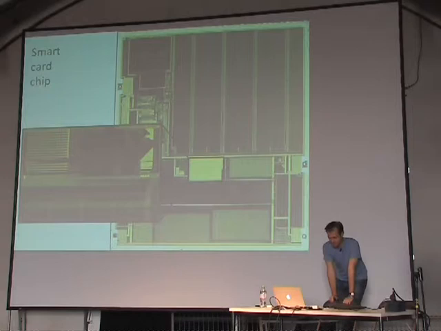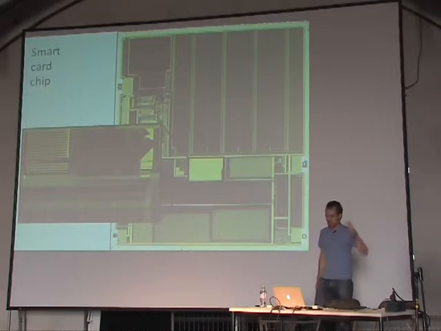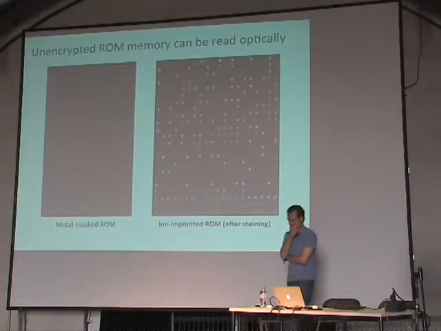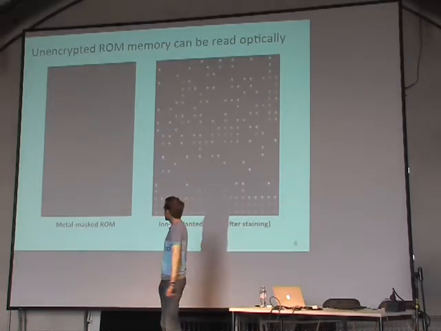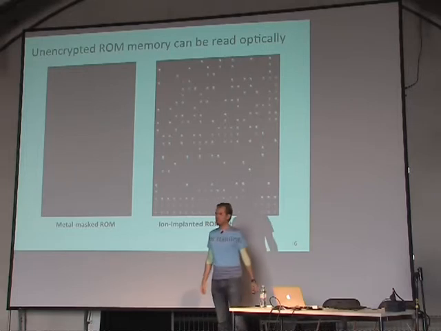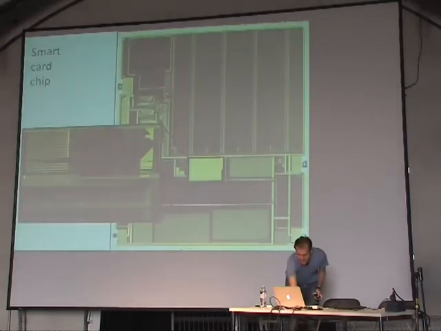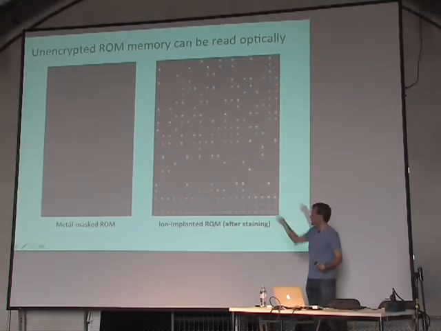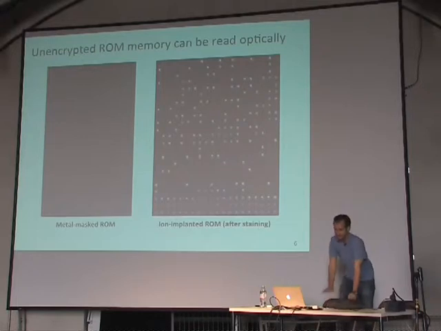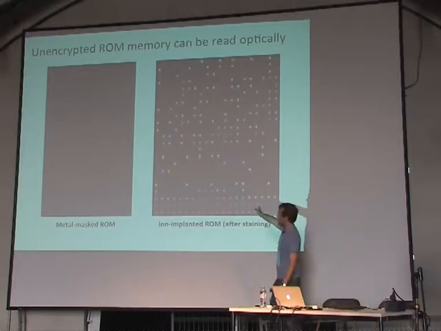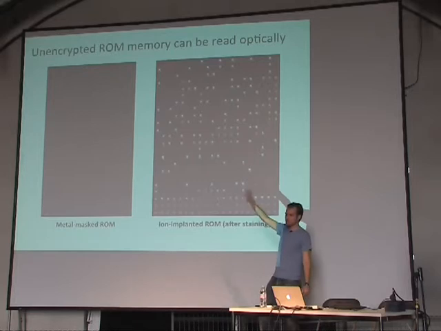So let's go back to the other attack, the reading out memories optically. The one attack that happened much earlier was the first pay TV cards. These are some images of ROM bits. So the big areas down here. If you zoom in enough, it will probably look like this stuff on the left. The right is from another type of chip. And you do see the actual bits in here, right? You see zeros and ones.